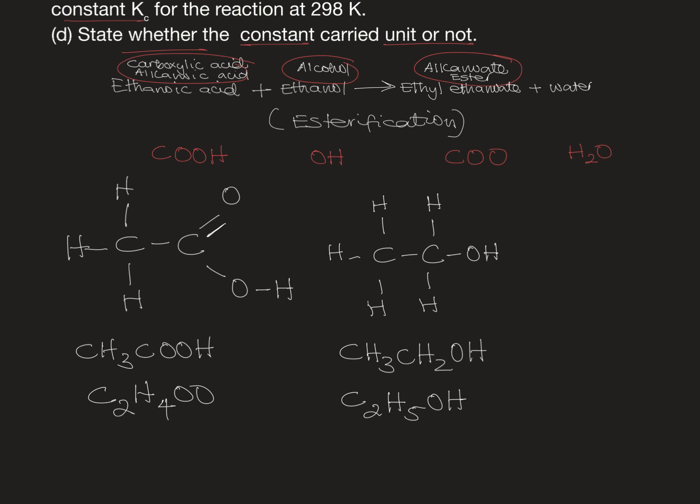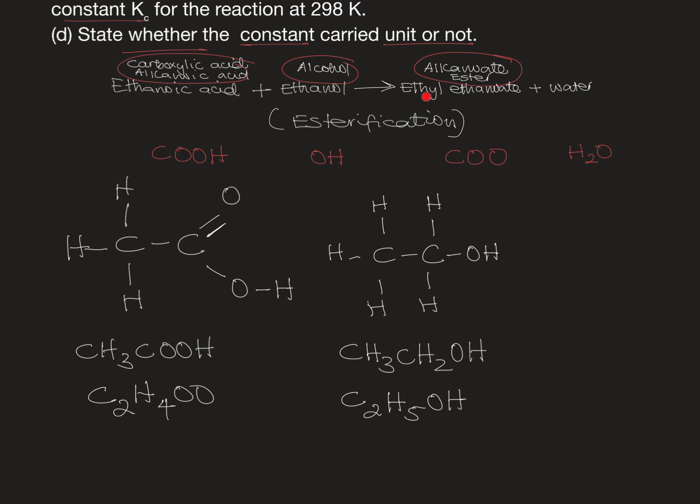All right. Now, moving on to ethyl ethanoate. We said that ethyl ethanoate belongs to a group of organic compounds called the alkanoate or the ester. And they have the functional group of COO. But there is an interesting way of drawing the structure of the alkanoates or the esters.